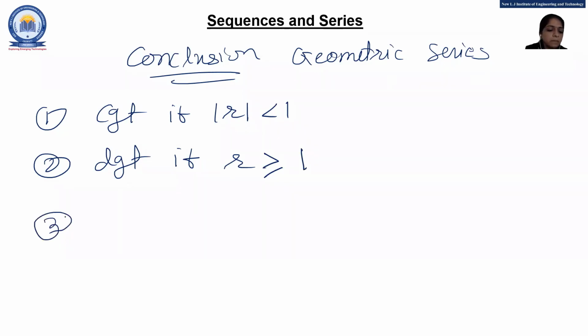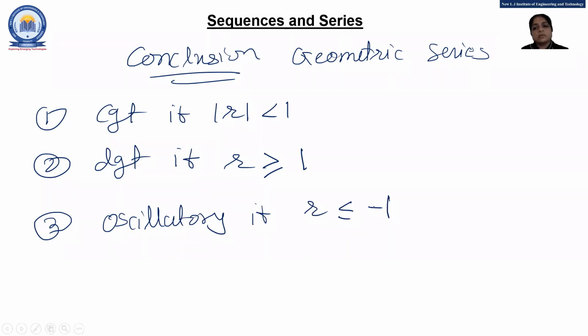And number three, oscillatory if R is less than or equal to -1. So you can directly give the answer about the convergence, divergence and oscillation of the geometric series just based on the value of R, on the value of your ratio.